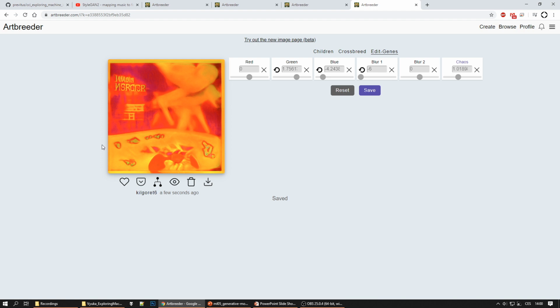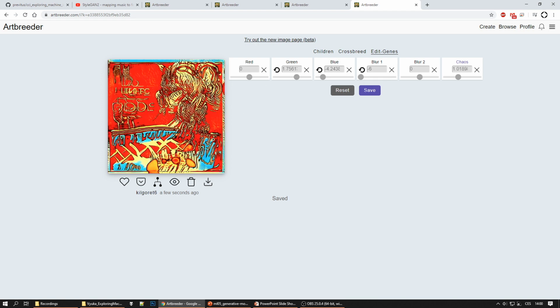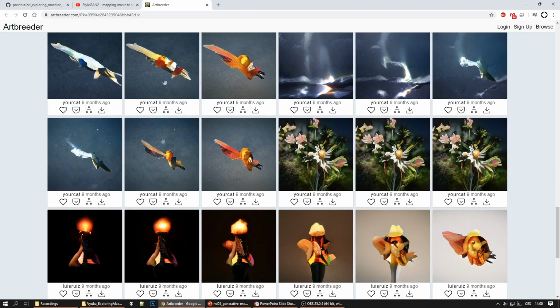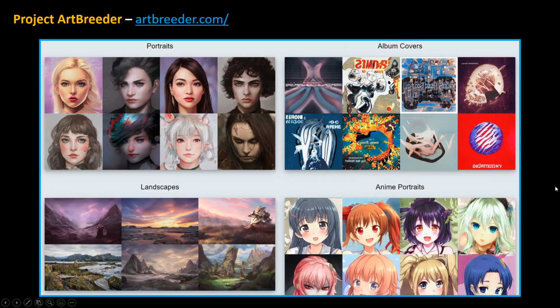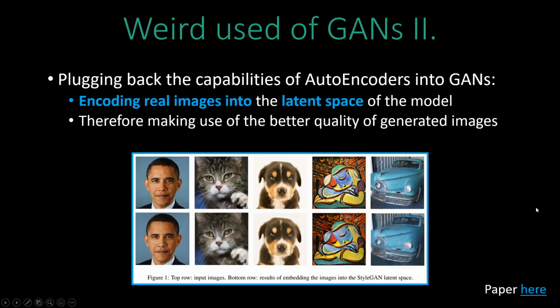Okay, so enough of this. This is an interesting website. I think you could spend hours and hours searching through this latent space, but it also is an illustration of a use of these GANs.